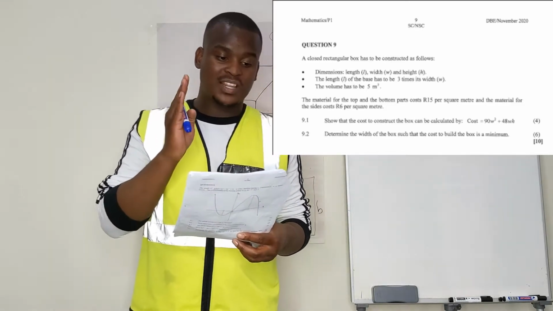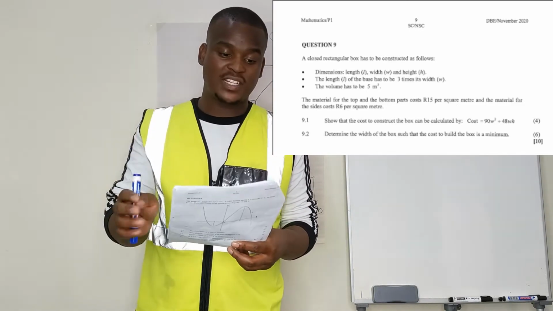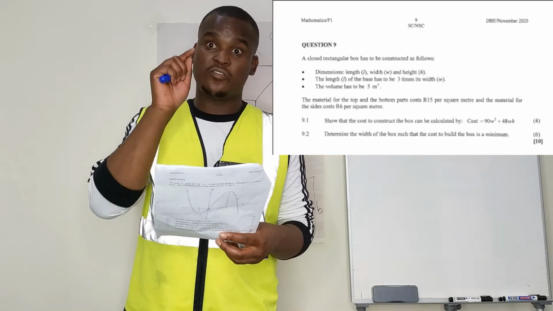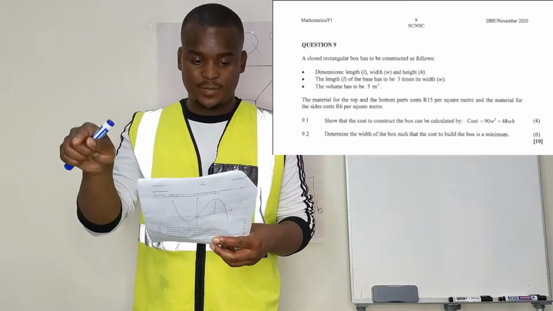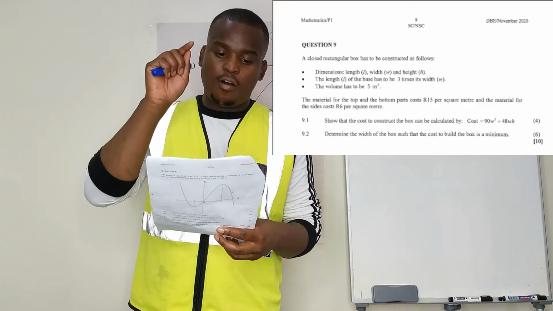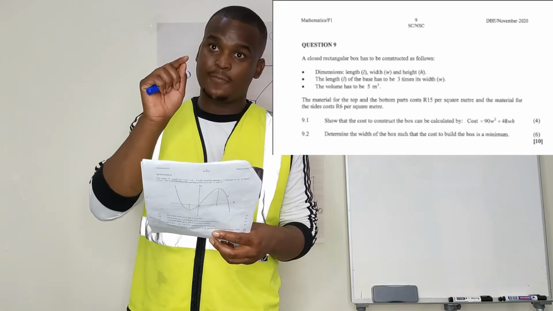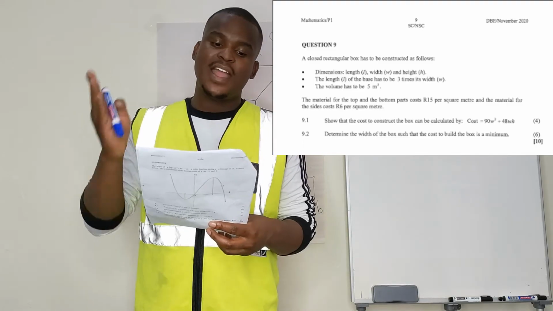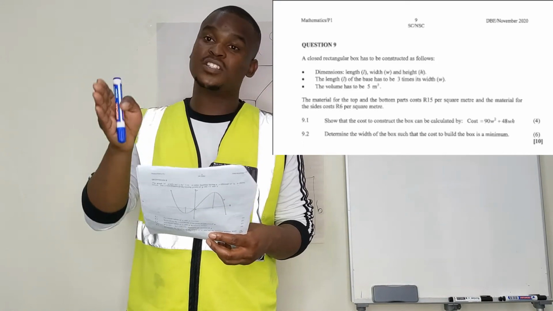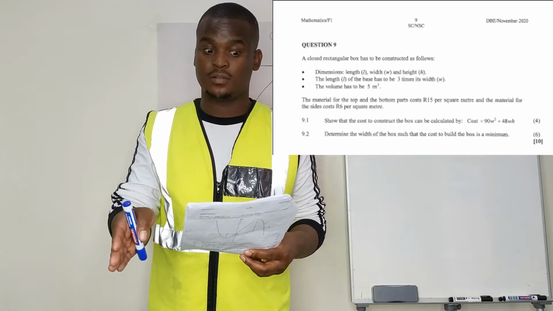So you are told that a closed rectangular box has to be constructed with dimensions length, width and height, the length of the base has to be 3 times the width, and the volume has to be 5 cubic meters.